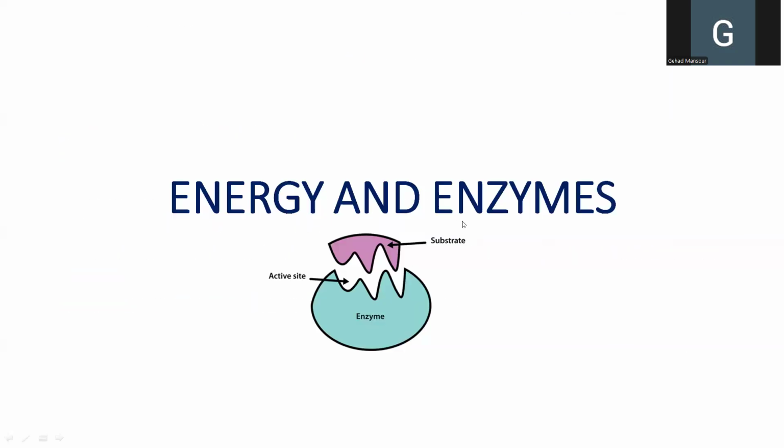That specific domain can bind with a specific reagent that we call the substrate. In order for the enzyme molecule to be functional, it has to be in the 3D configuration. And it is worth saying that all enzymes are proteins, but not all proteins are enzymes. We will be discussing all the concepts related to enzymes over the coming slides.